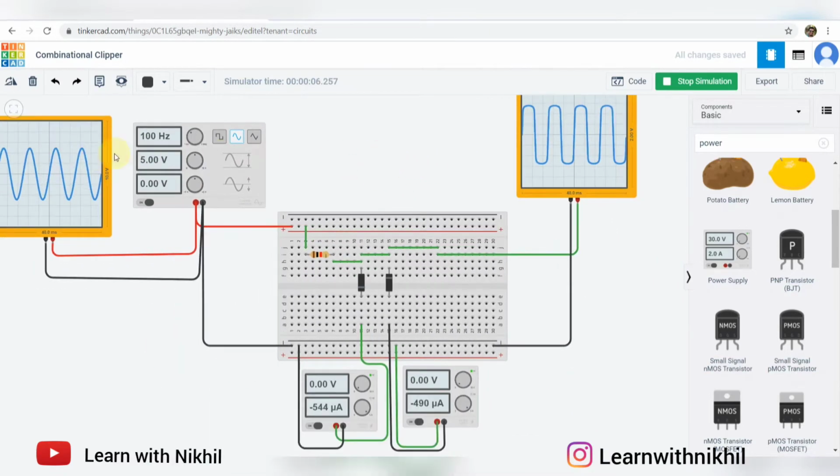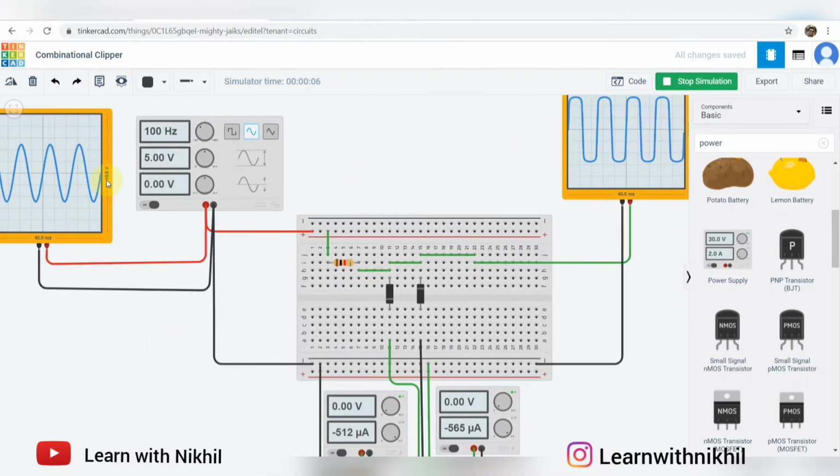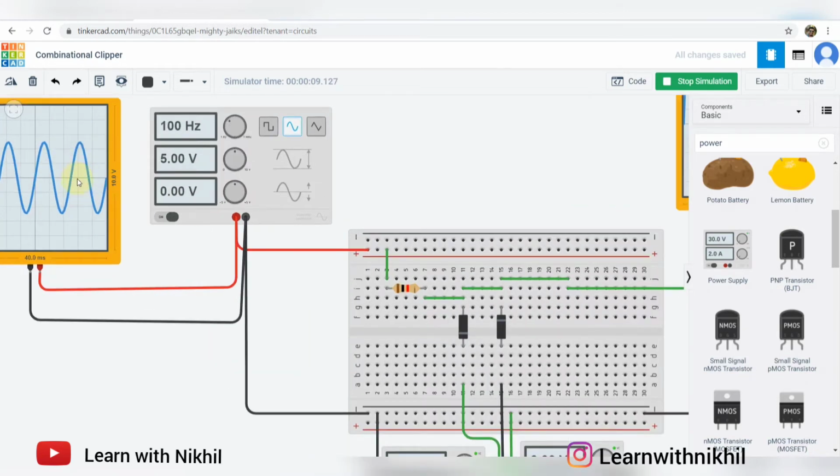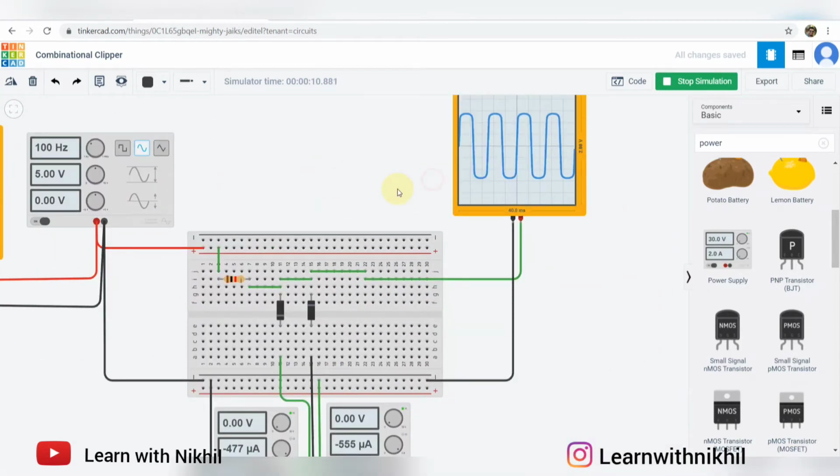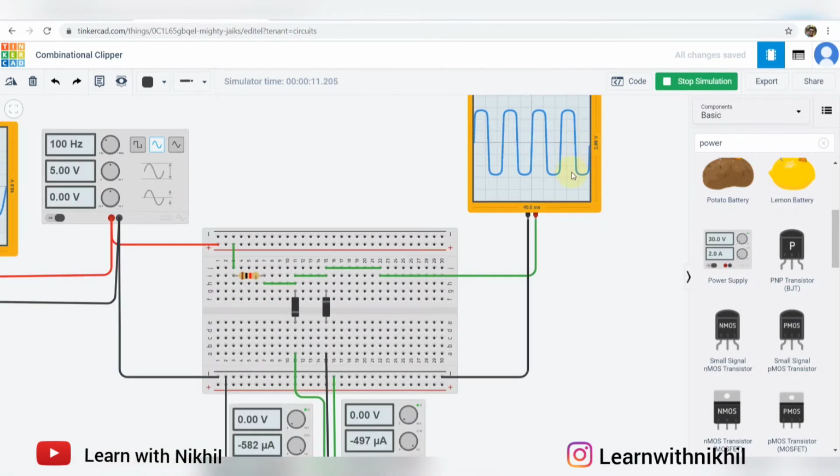Right now, if you compare, this is 10 volts. So this one block is 1 volt, 2 volts, 3 volts, 4 volts, 5 volts, and bottom also it is 5 volts. So the sine wave height is around 2.5 volts. And here you can see the output. Both the peaks are clipped.